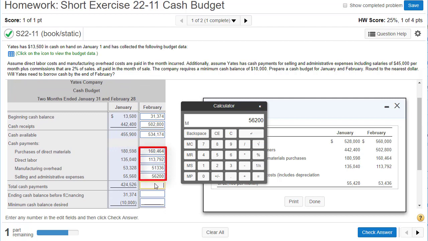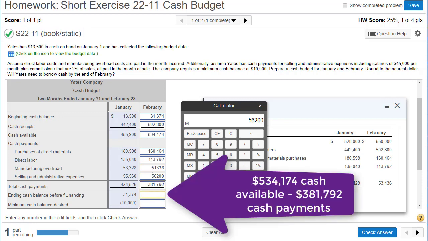So total cash payments. To get total cash payments, I'm going to add up these numbers. And when I do that, I get $381,792. Ending cash before financing. So we had this amount available.